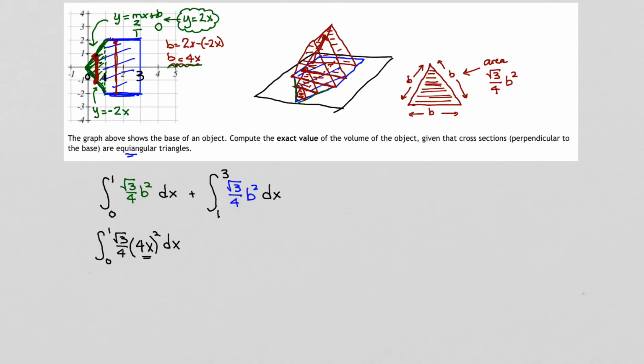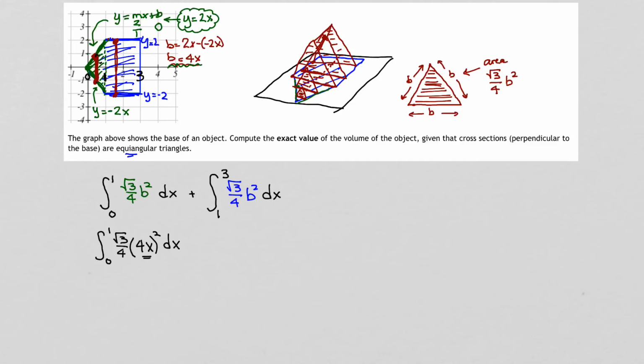Let's continue and look at the blue base for those equilateral triangles sitting on the blue base. The distance goes from here to here. What is the top function? Well, this is the line y equals 2, and this is the line y equals negative 2.